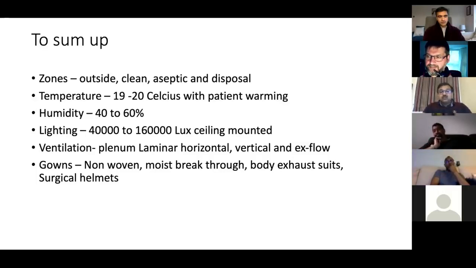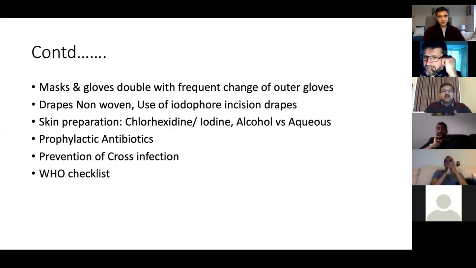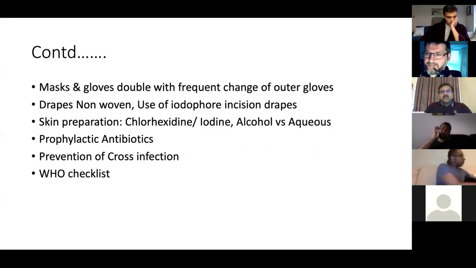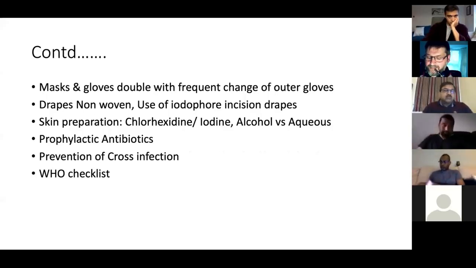Gowns, non-woven; use the terms mask breakthrough, body exhaust suits, mask and gloves, double gloves. Drapes, non-woven; discuss incisional drapes and their controversy. Skin preparation: chlorhexidine, iodine, aqueous, alcohol. Prophylactic antibiotics: adequacy, how much do you need, when do you need it, when to be administered, how to make sure that it has been administered. Prevention of cross-infection, mention infective cases and what to do. WHO checklist.